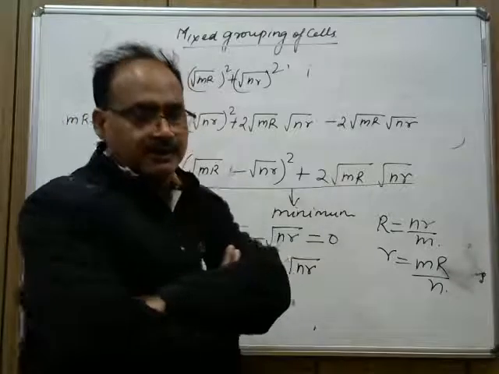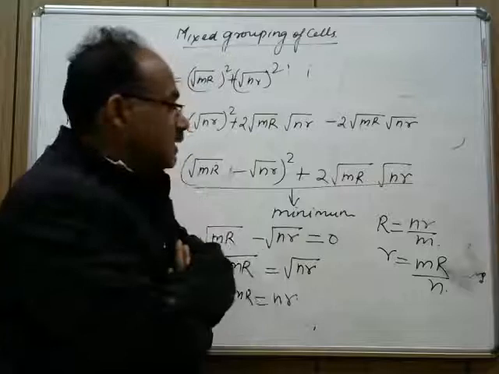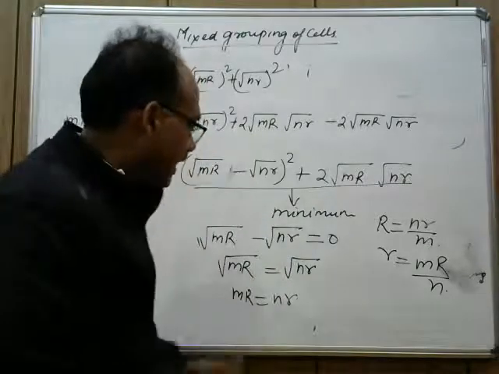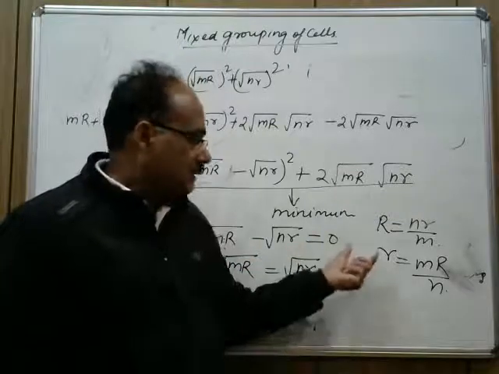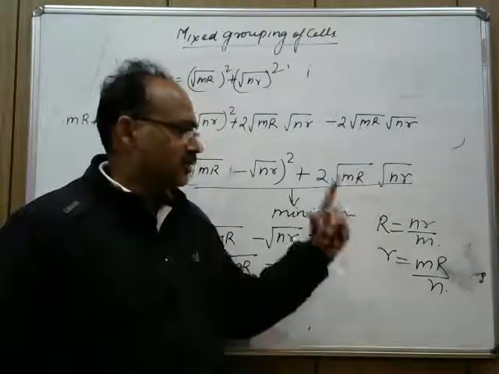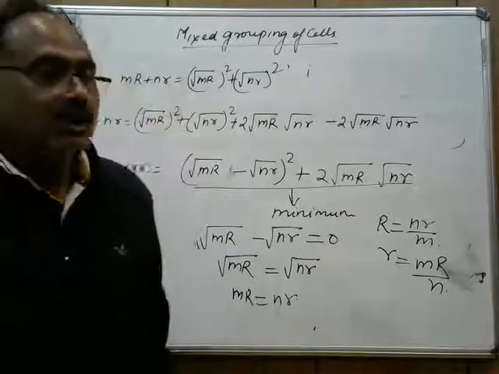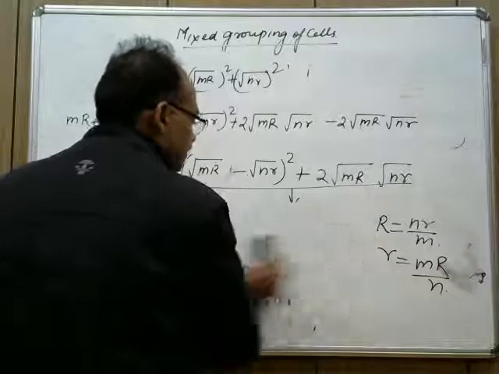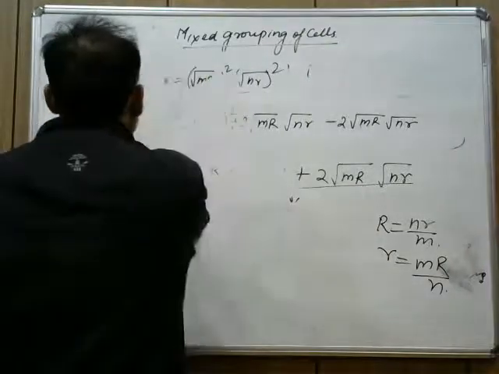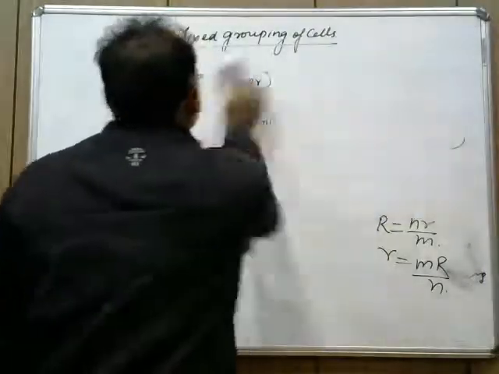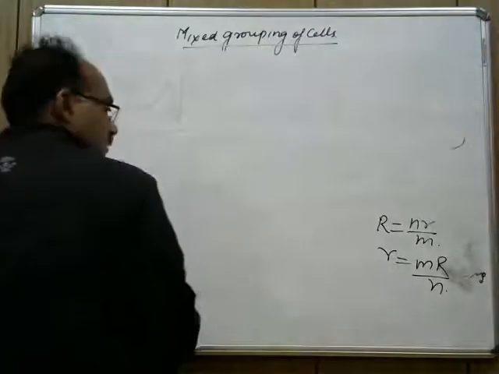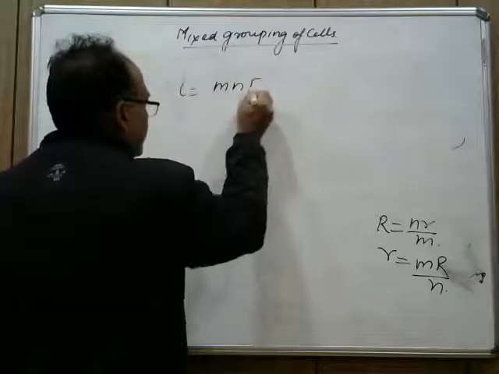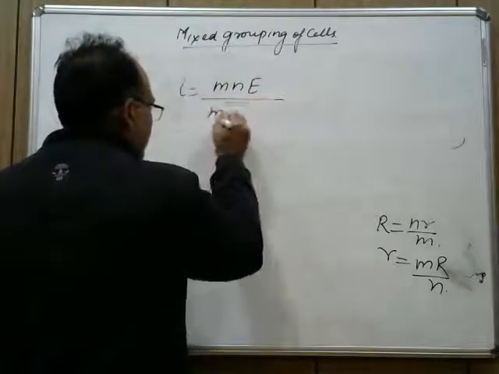Now we can think and we can see what is the value of that maximum current. The value of that maximum current can be obtained in terms of small r or capital R. Now see, by using these two conditions we can write that I is equal to mne upon mr plus nr.